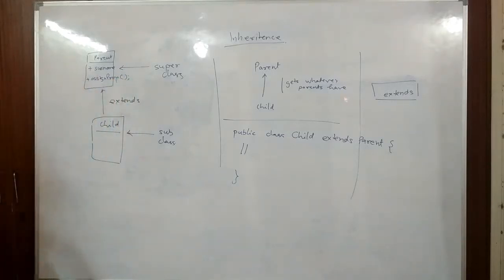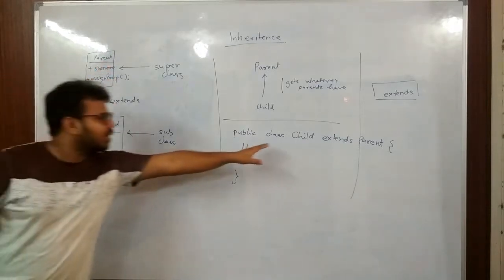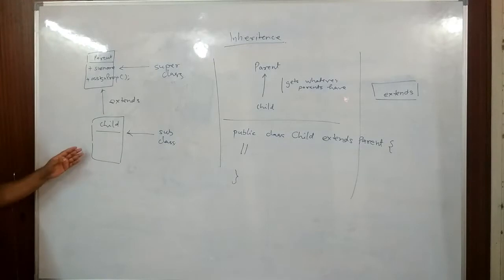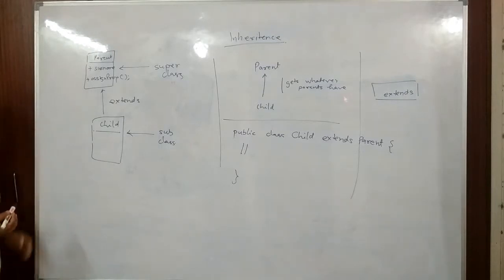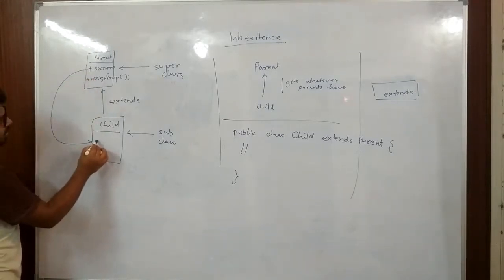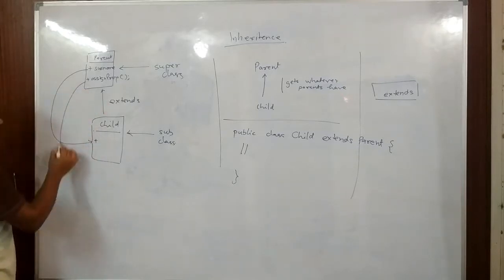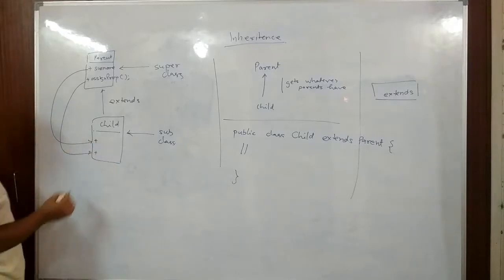Okay. So when a child extends parent, then automatically at compile time, when the child class gets compiled, this surname is available to the child, and this assignProperty method is also available in the child.